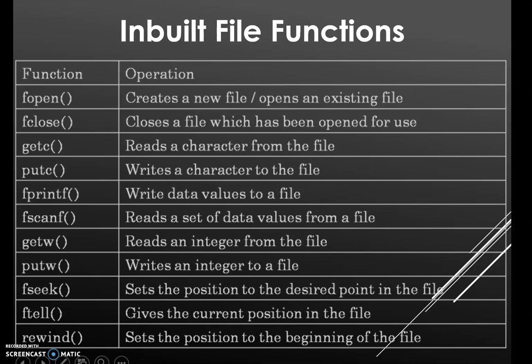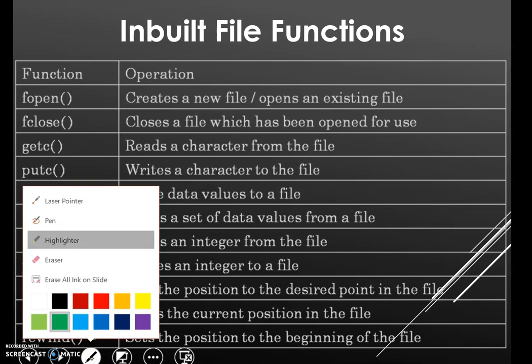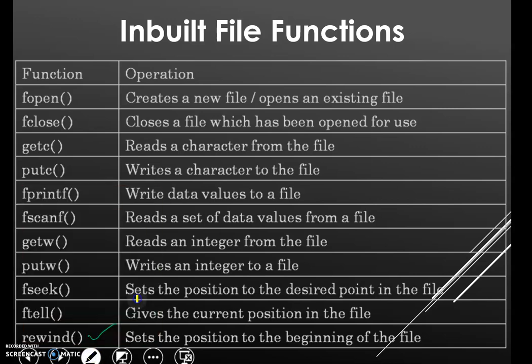Now the next is rewind. The name itself says rewind, to rewind something. So what it does is it sets the position to the beginning of the file irrespective of your current location.